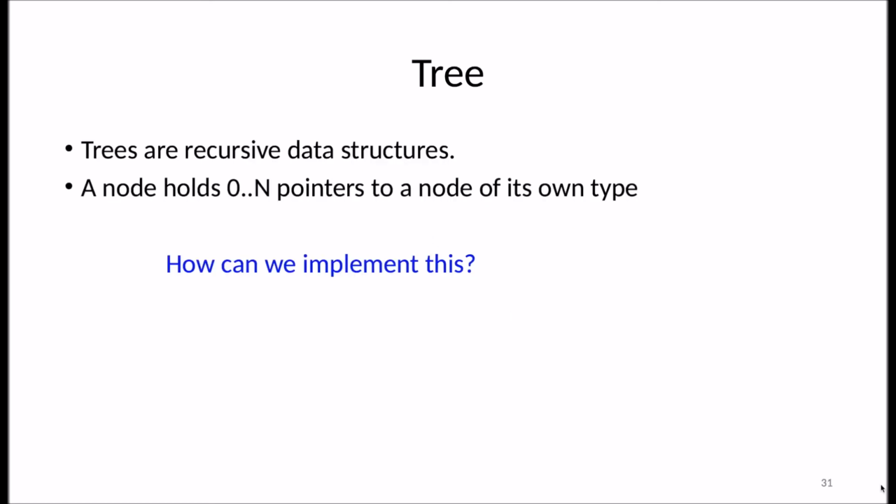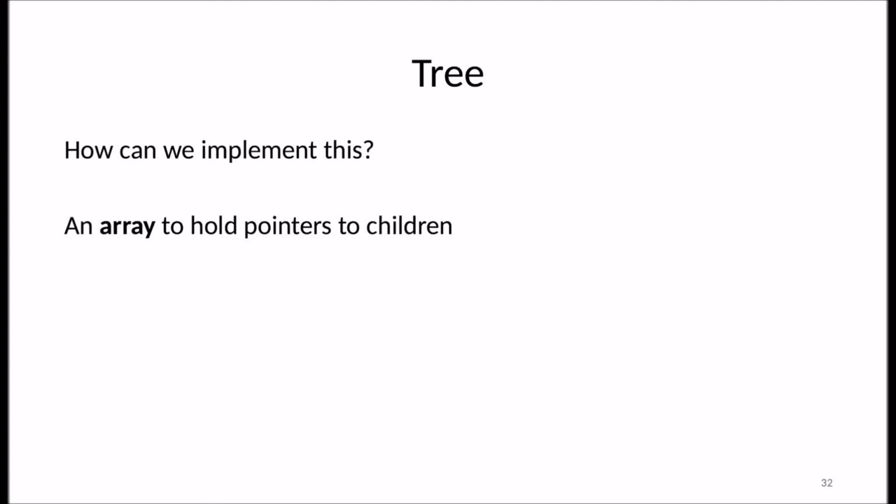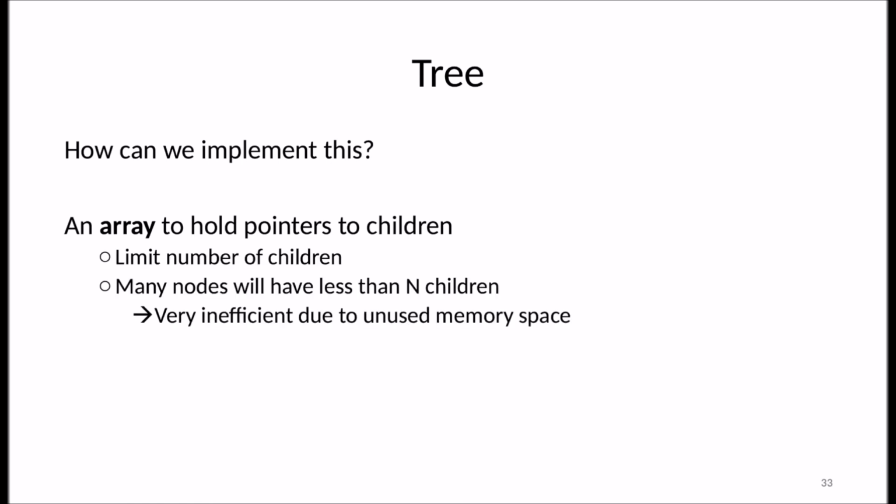So a tree is a recursive data structure. A node can have up to n pointers to follow-up nodes of its own type, and those follow-up nodes are its children. How do we implement this? We could have an array of pointers that point to the children, but an array would limit the number of children, which would be okay if we say a tree has just a particular branching factor of, say, 5, then we know any node can have only up to 5 children anyway.